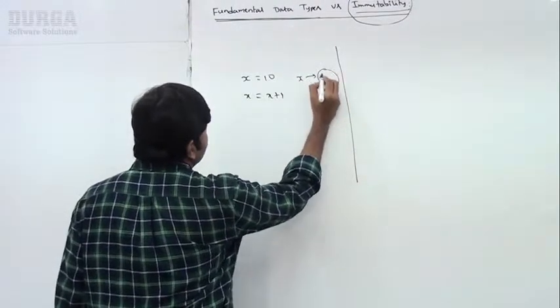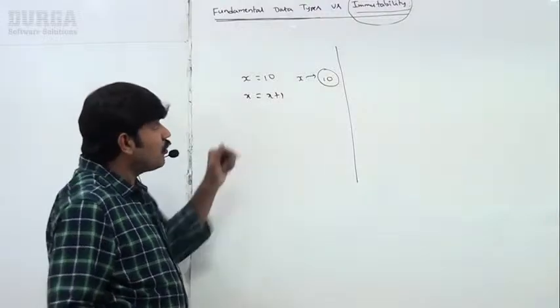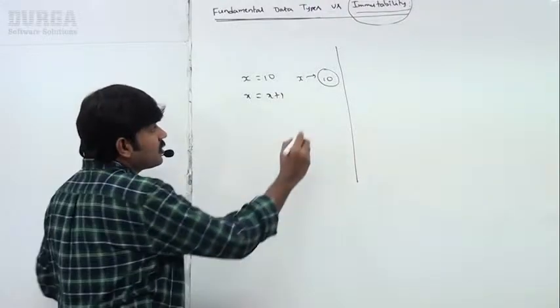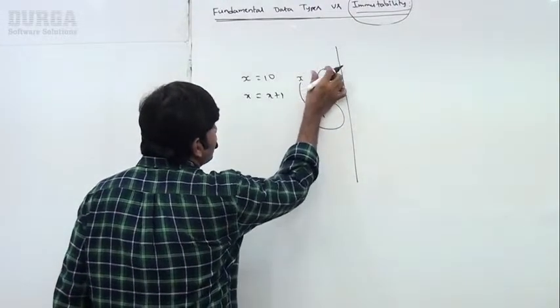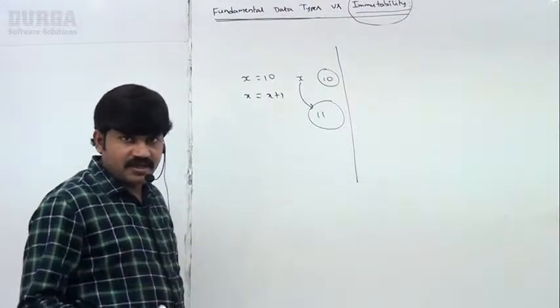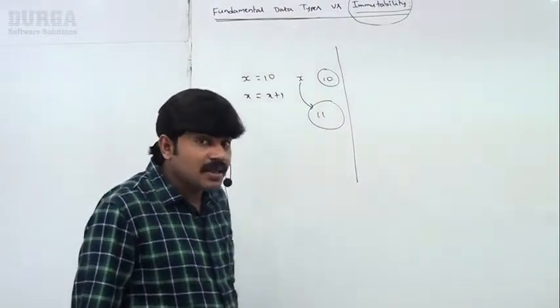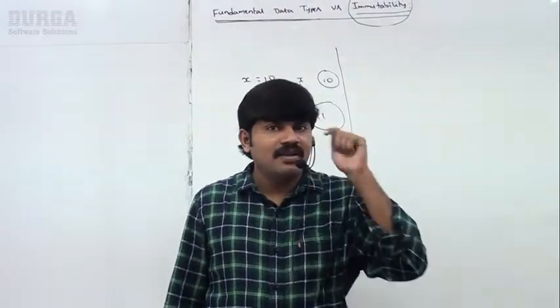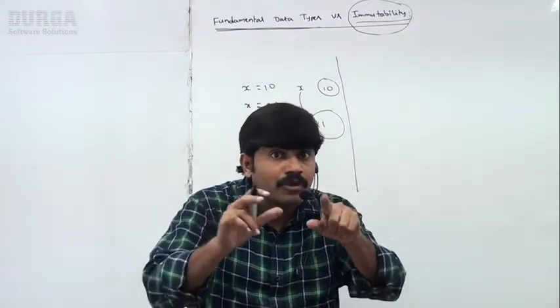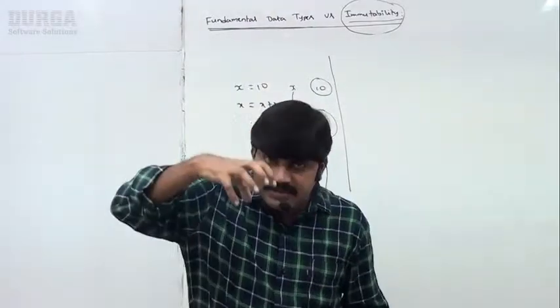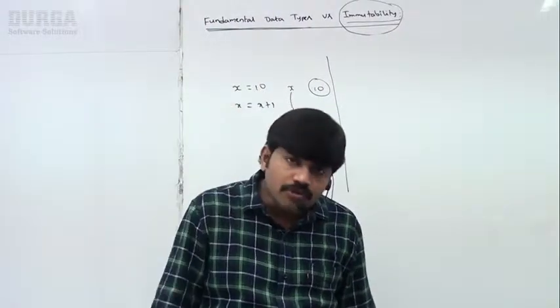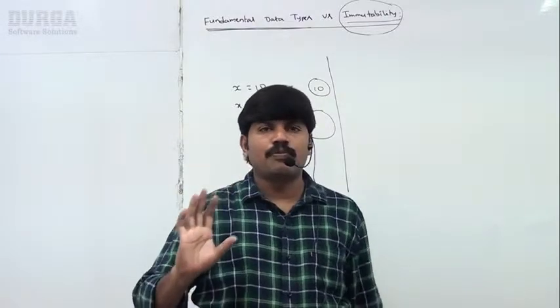X is 10. X is equal to x plus 1 means a new object will be created, and now onwards x is pointing to this one. We discussed already, it is immutable. But list is mutable. In the existing object only, you can perform any changes, no problem at all.